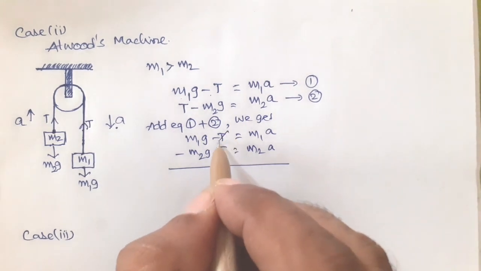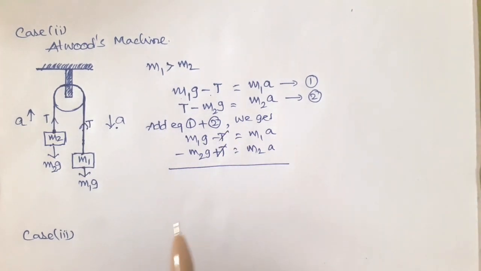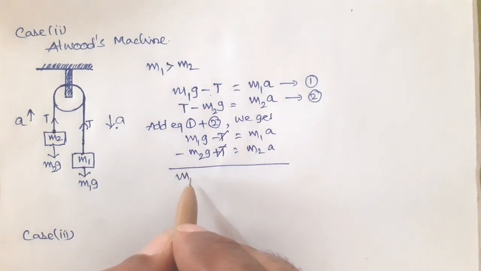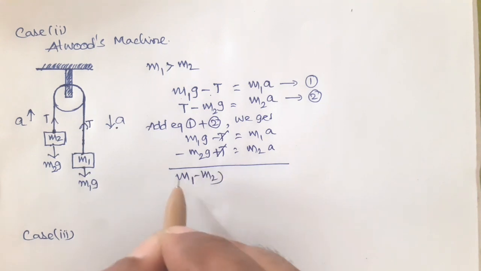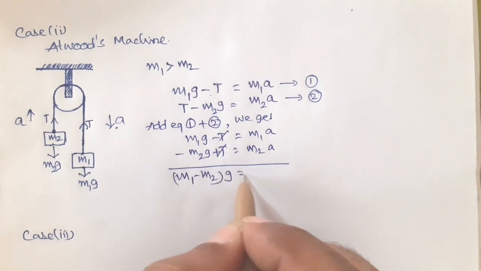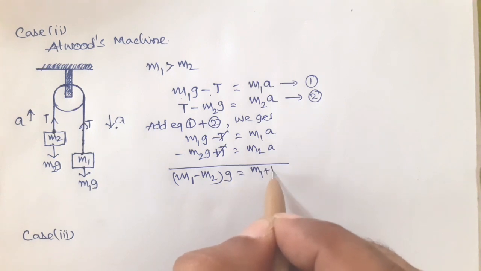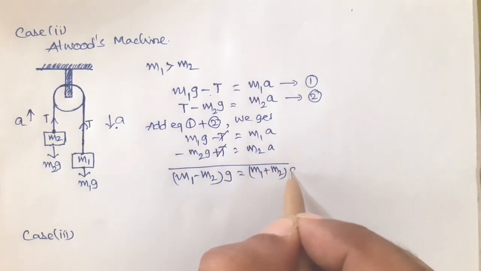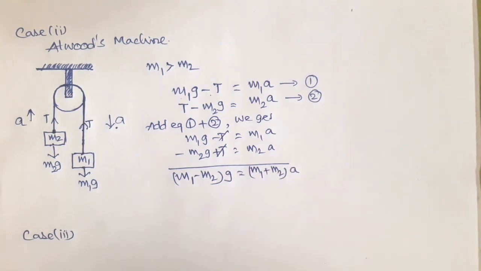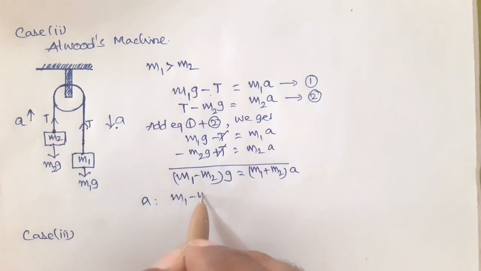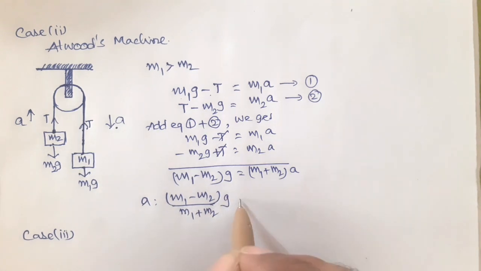If I add these two equations, these two get cancelled, and the remaining equation is M1 minus M2 into g is equal to M1 plus M2 into a. Therefore, acceleration a is equal to M1 minus M2 by M1 plus M2 into g.